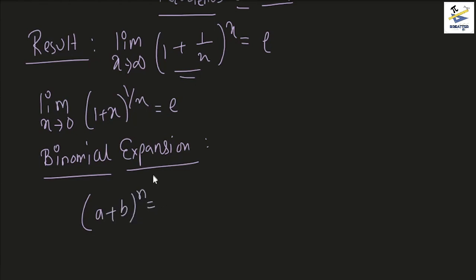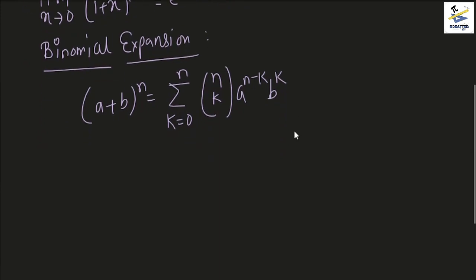So (a plus b) to the power n can be expanded, when n is a natural number, as follows. Like this. Using this we can also find out this expression right here, 1 plus 1 by x whole to the power x, where we know that x is a real number, but for the time being we can actually find out something about it.